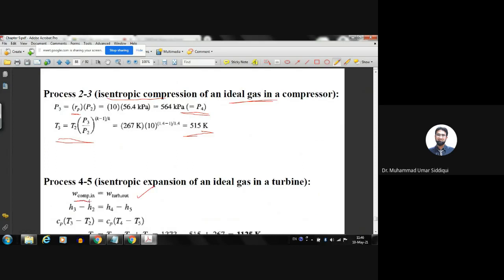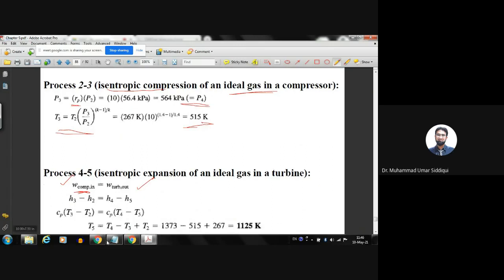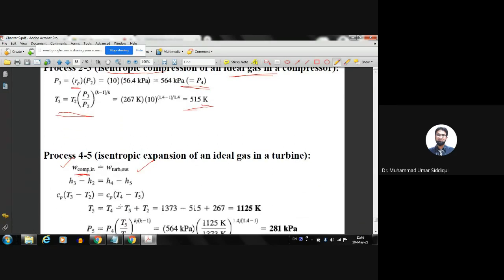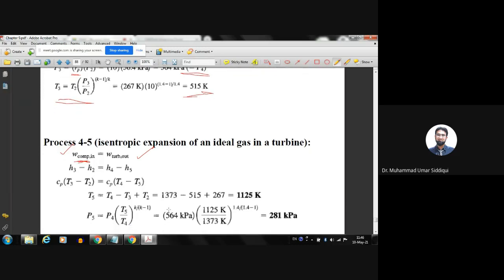We already know the work in of the compressor, so we can determine the work out of the turbine. So basically h3 minus h2 will be the same as h4 minus h5, or we can write cp(T3 minus T2) equals cp(T4 minus T5). Just substitute all the known temperatures, so we can determine T5, and then corresponding to T5 we can also determine P5 using the isentropic relationships between pressure and temperature.